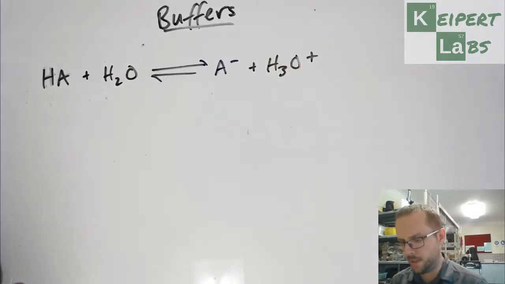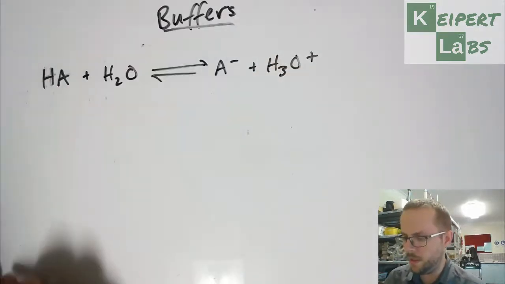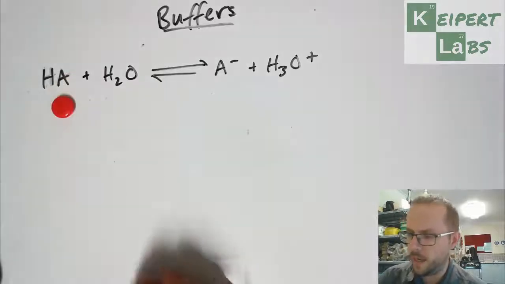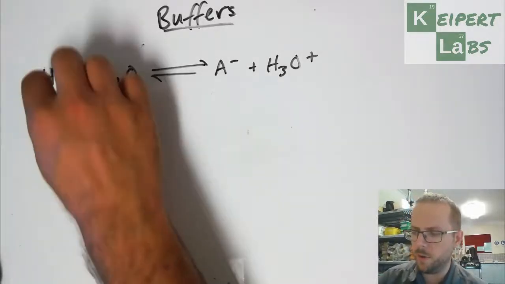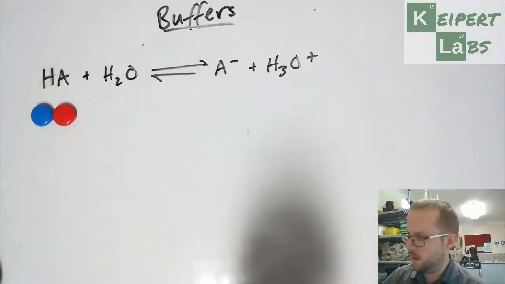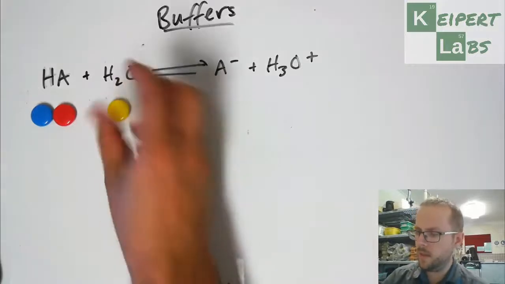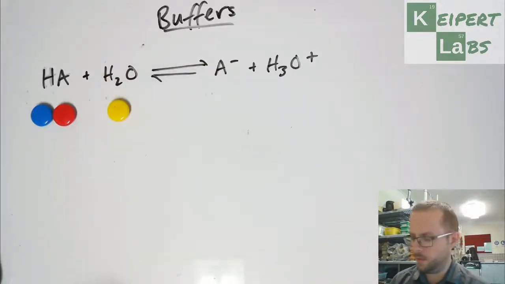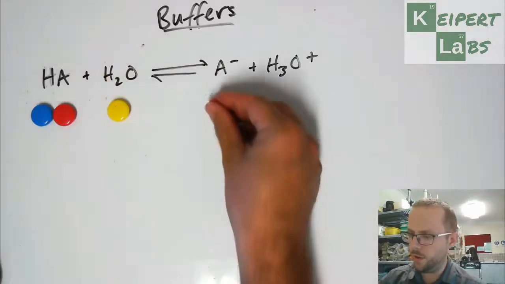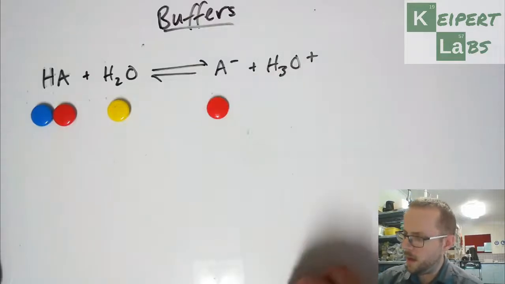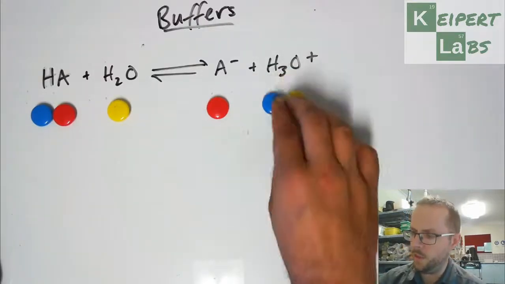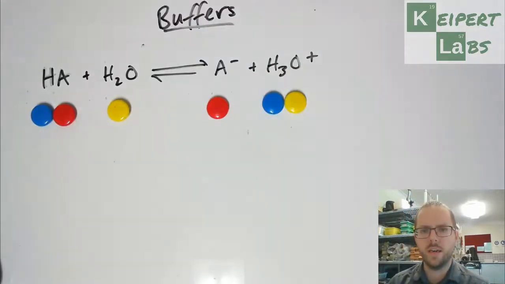If I use these coloured buttons underneath to help represent things, let's say that the blue represents our proton, A represents our A-, and then a yellow represents a water molecule. So over on this side we've got a red one by itself, and we've got our water molecule with its extra proton attached over here.